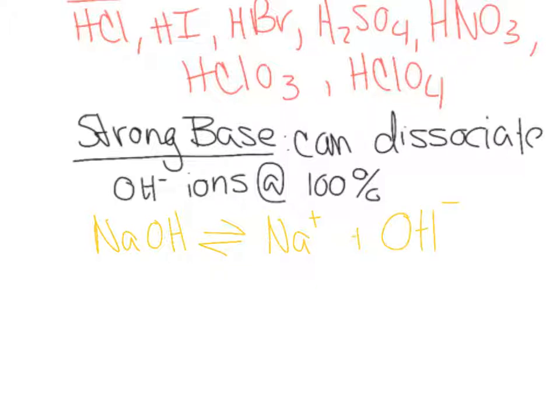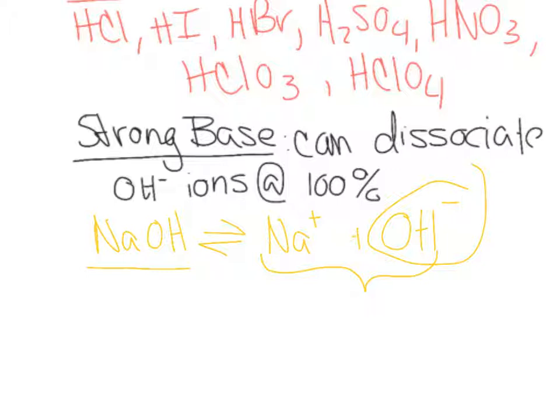So we are saying that 100% of the sodium hydroxide splits up into its ions. And remember, if we get a lot of these, they are going to steal the hydrogens from hydronium ions that are already in water, and they are going to lower the concentration of hydronium ions, which increases the pH.